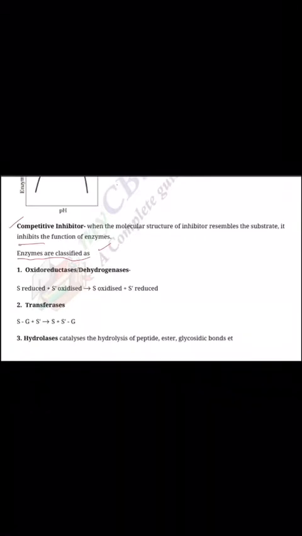And when we go for the nomenclature, how do you name an enzyme? As we discussed previously, anything that is an enzyme, the name will end with ASE, right? Like oxidoreductase, dehydrogenase, transferase. Look at that, ASE.